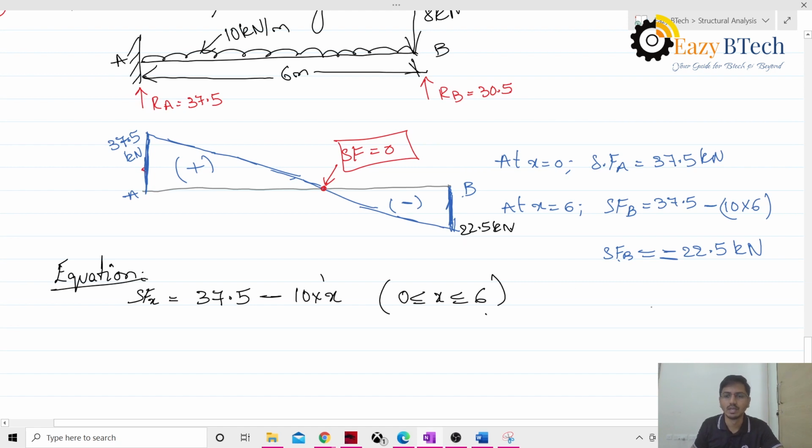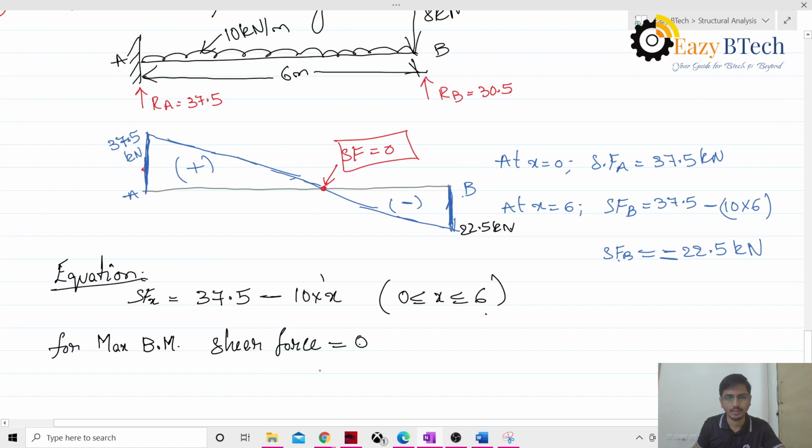Now for maximum bending moment, shear force should be equal to 0. So I'll make the shear force 0.